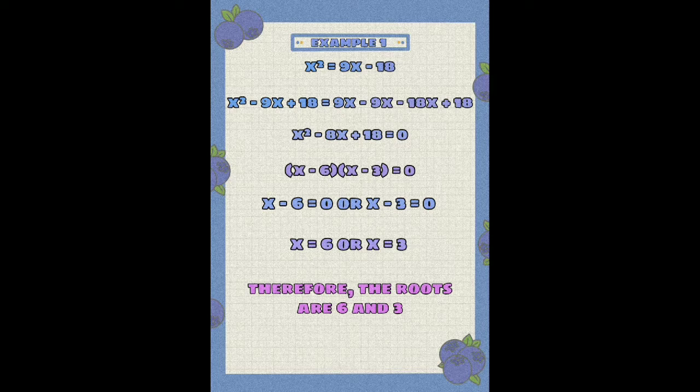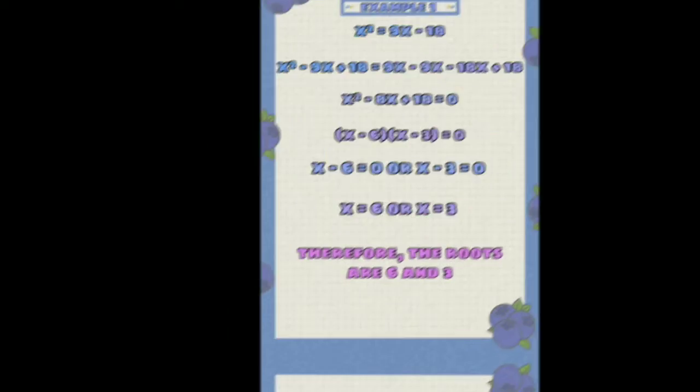Then, factor the polynomial and set each factor equals to 0. So, x minus 6 is equals to 0 or x minus 3 is equals to 0. X is equals to 6 or x is equals to 3. Solve the equation in the previous step, therefore the roots are 6 and 3.